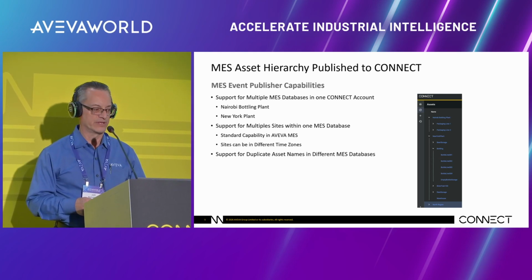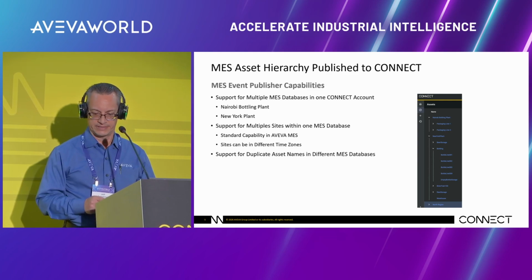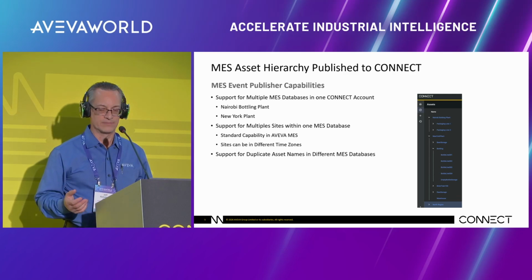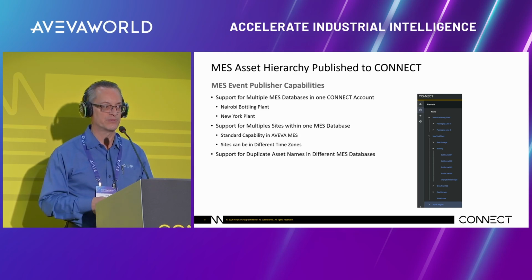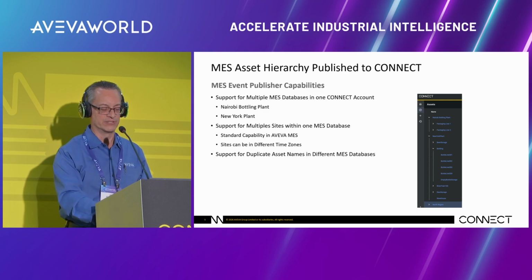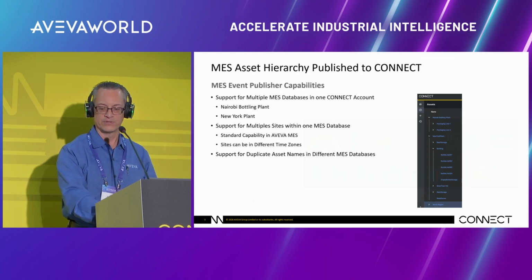So an example here, we've got a couple different bottling plants, as well as standard capabilities in the MES to support different time zones. We do segregate the hierarchy, so even if you have the same asset names in multiple locations, multiple sites, we'll publish those under the different hierarchies so that you can still access them. They still have unique IDs underneath on the publication side.